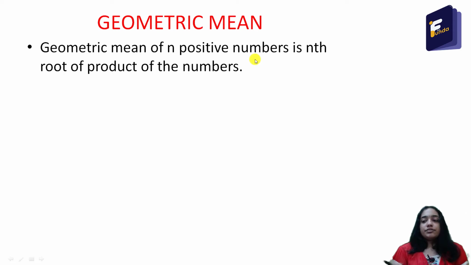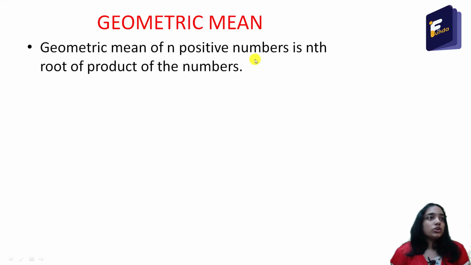So next we are going to learn another concept, that is geometric mean. So what is a geometric mean? Geometric mean of n positive numbers is the nth root of the product of the numbers.